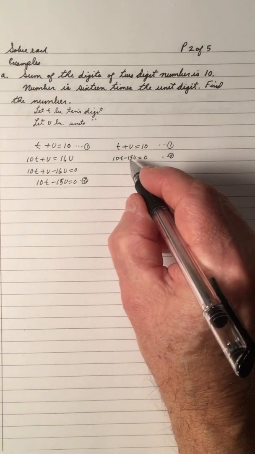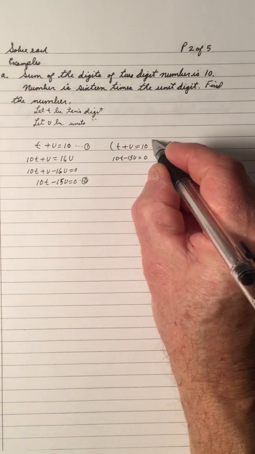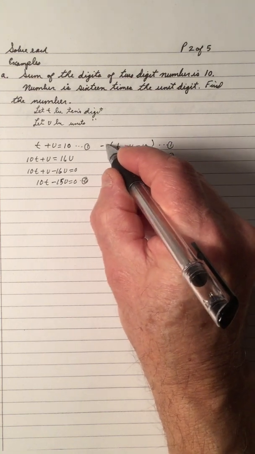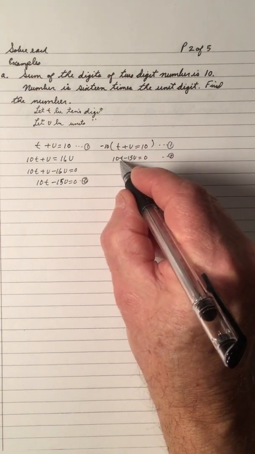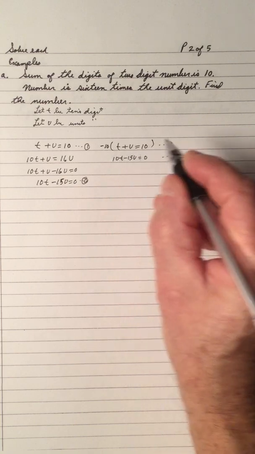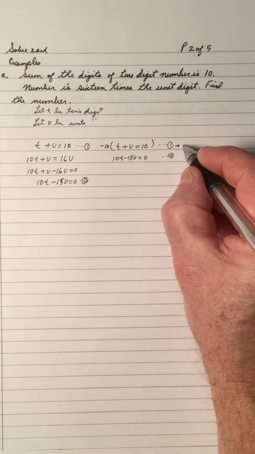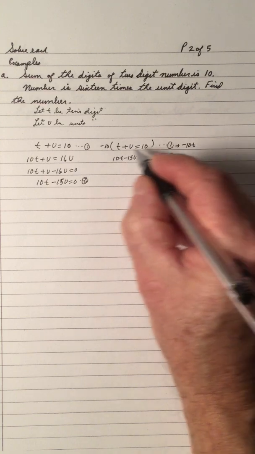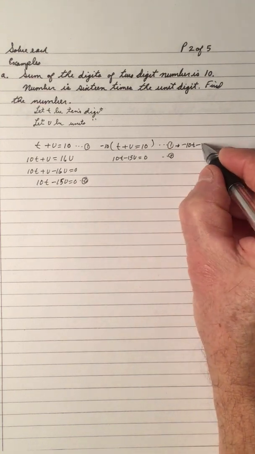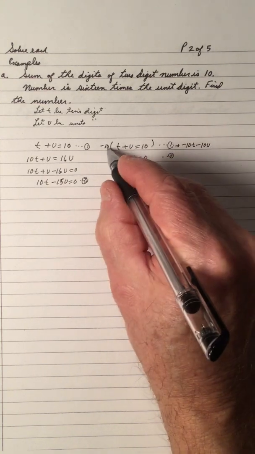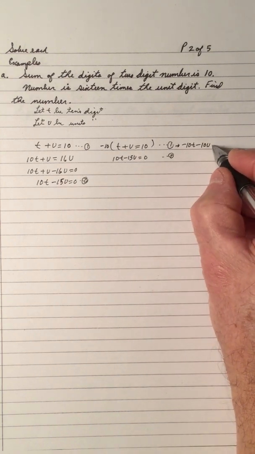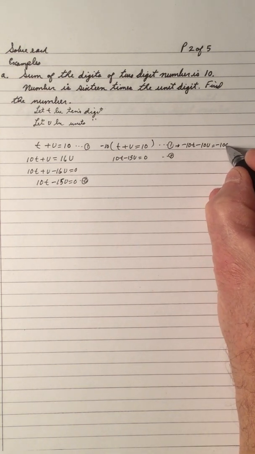I'm going to eliminate the t's. I'm going to multiply by negative 10, because that's a 10t, I want a negative 10t. So when I multiply, I get negative 10t, negative 10u, negative 10 times 10 is negative 100.